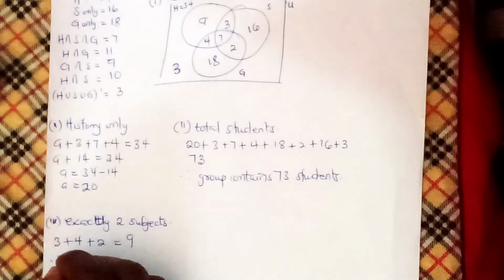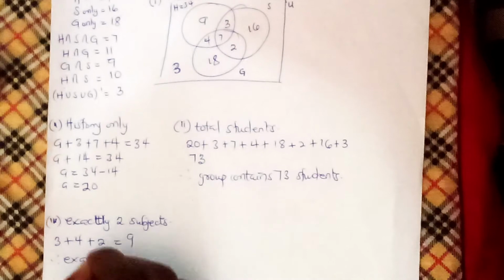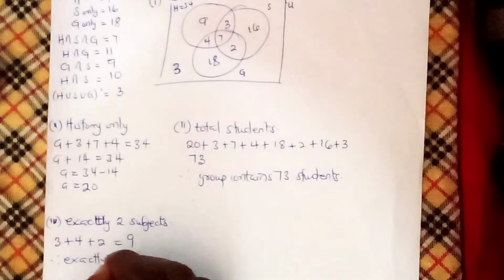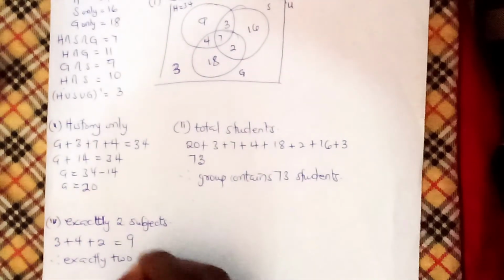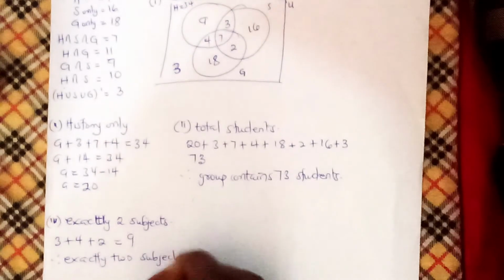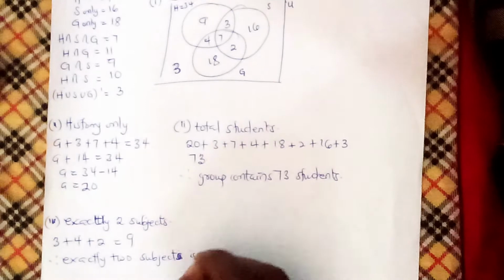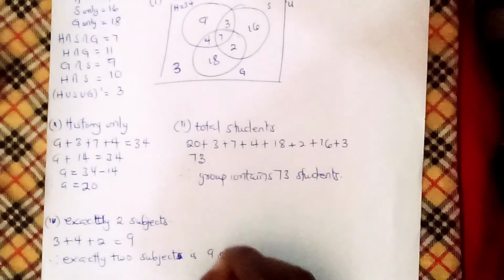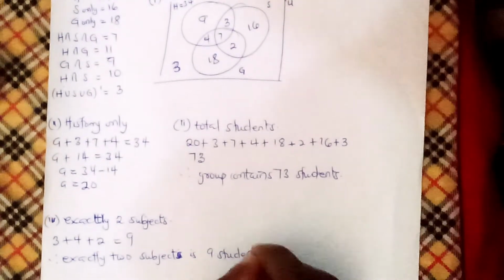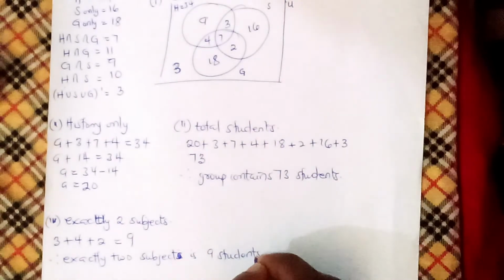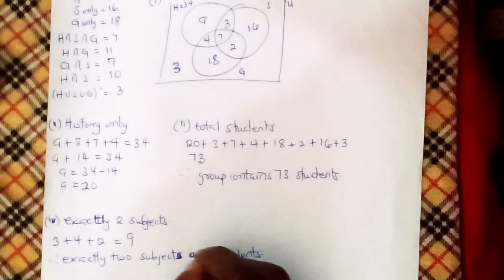Therefore exactly 2 subjects is 9 students.